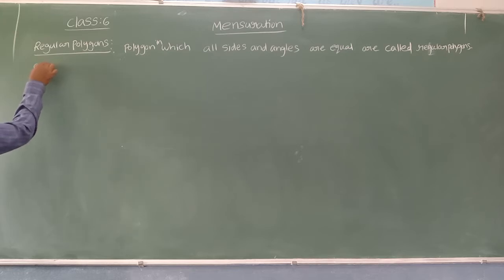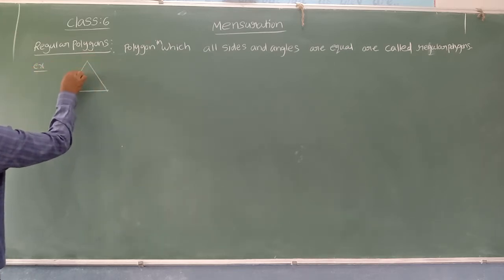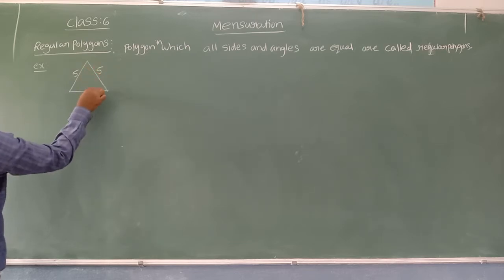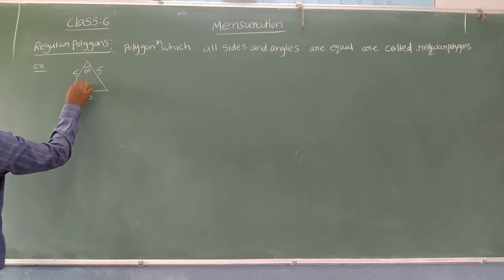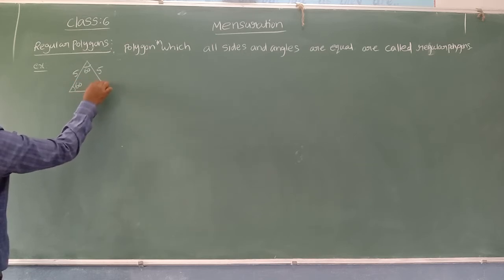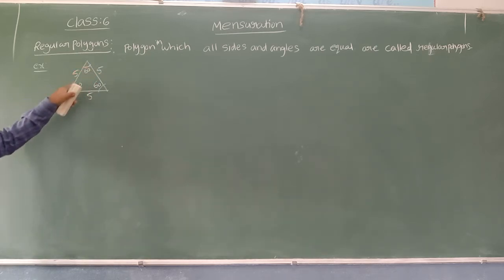You can see some examples. Let me take one triangle. Suppose the sides are 5, 5, 5 and each angle is how much? 60, because all the angles are equal and the sum of the angles is 180. All the sides are equal and all the angles are equal, so it is called a regular polygon.